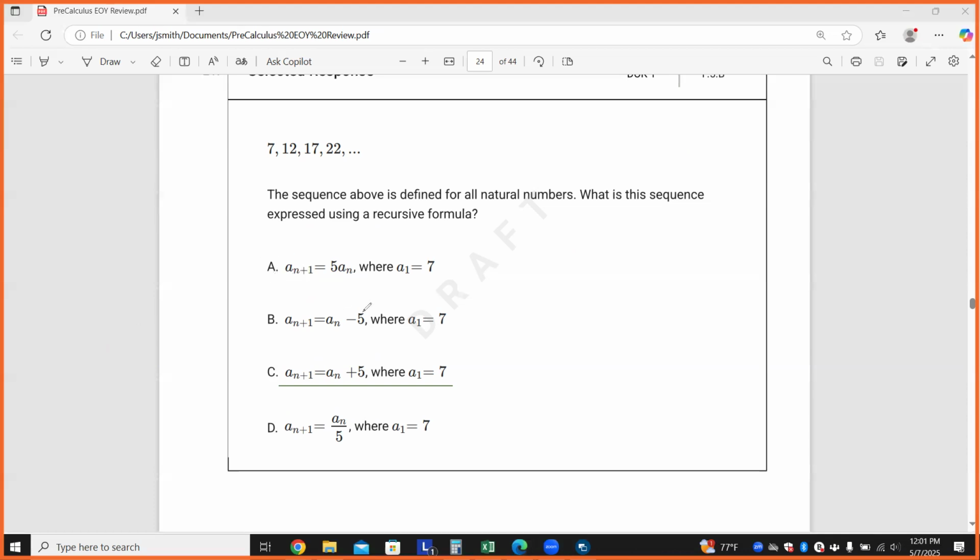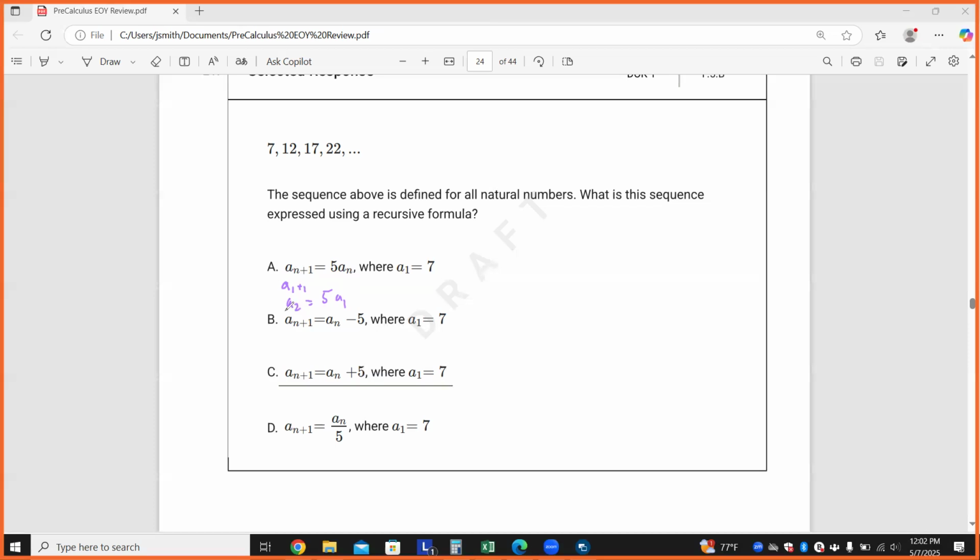This right here, okay, so this is a sub 1, right? We understand that means first term. So if I wanted to know what the second term is, that would be a sub 1 plus 1, which is 2. So when I'm doing that, I'm looking for the second term. So that would mean it's 5 times the first term.